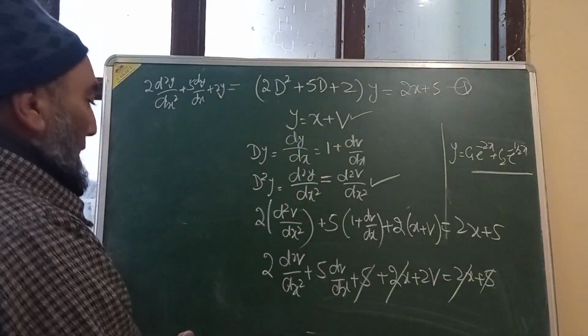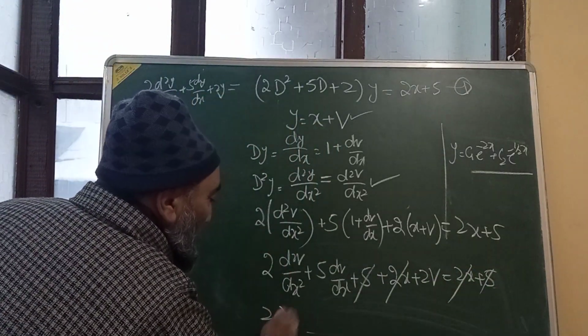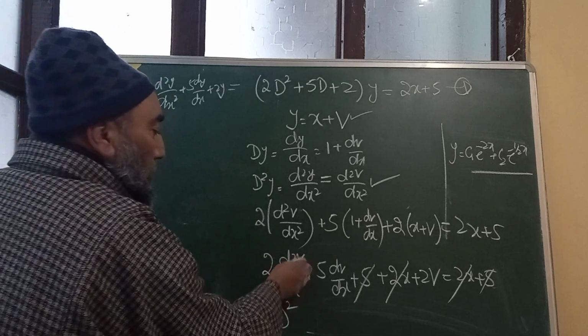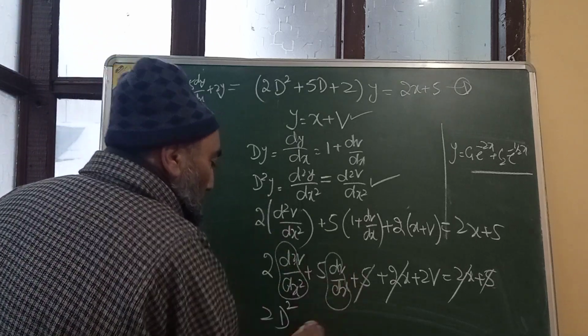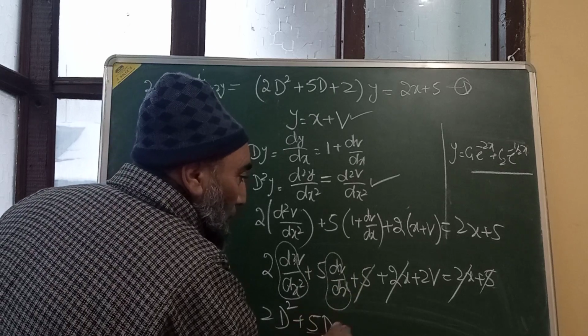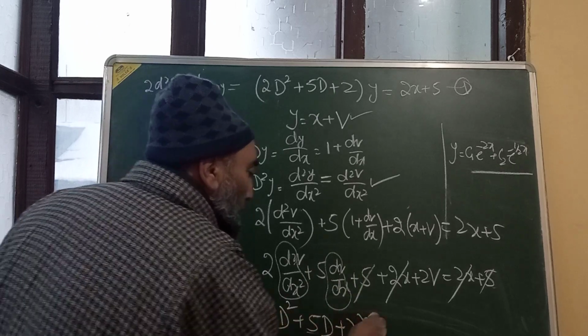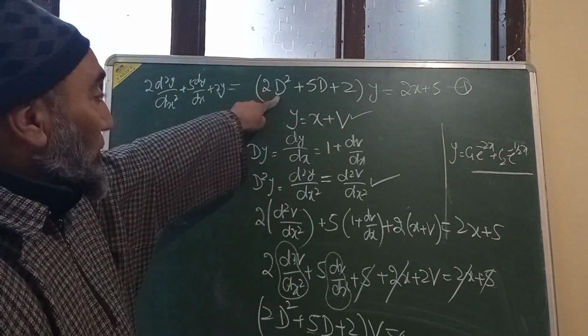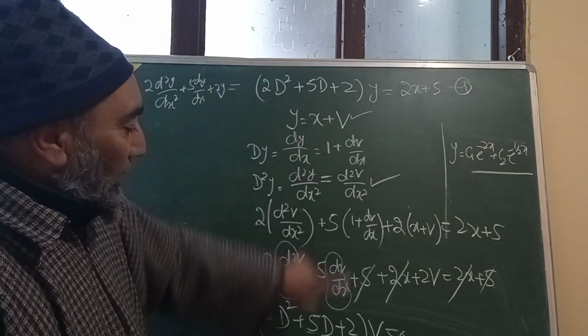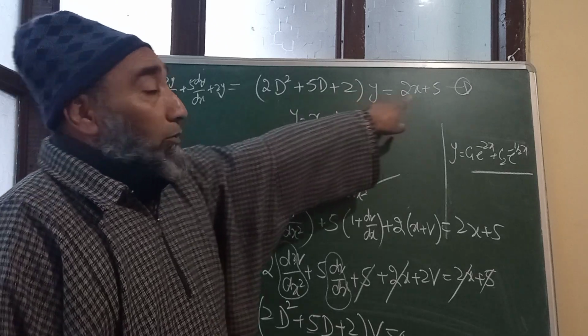What remains is 2d square plus 5d plus 2 operating on v equal to 0. This is the equation. See, 2d square plus 5d plus 2 operating on y equal to x plus 5, but here it is operating on v.